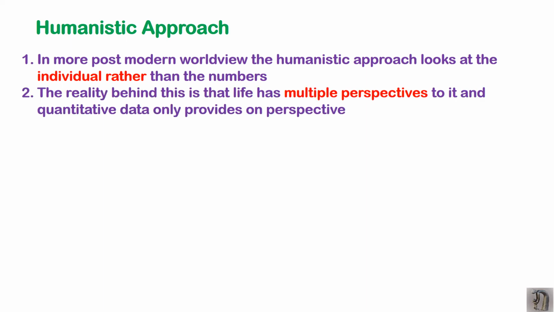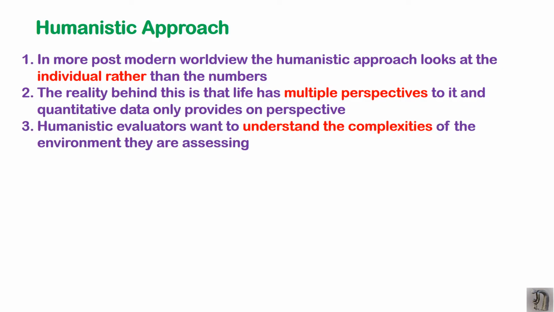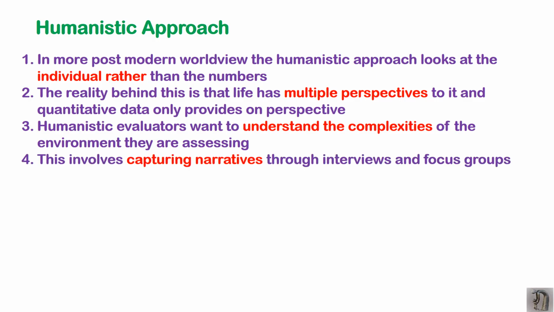The reality behind this is that life has multiple perspectives, whereas the scientific approach has only the perspective of quantitative data. Humanistic evaluators want to understand the complexity of the environment when they are assessing, whereas quantitative data used in a scientific approach has a minimal or limited way to understand the environment.